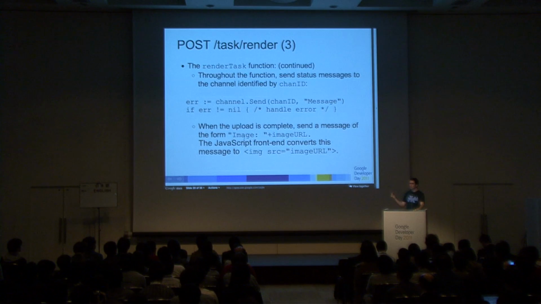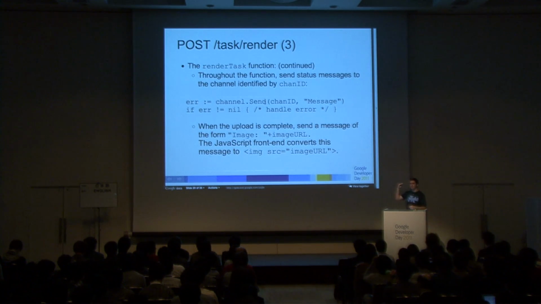And while all of this is happening, when the task/render function starts, after the rendering is completed but before the upload is completed, and then after the upload has completed, we'll use the channel.send function to send status messages to the front end.